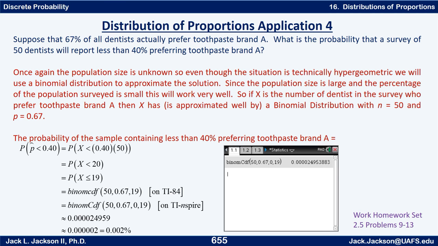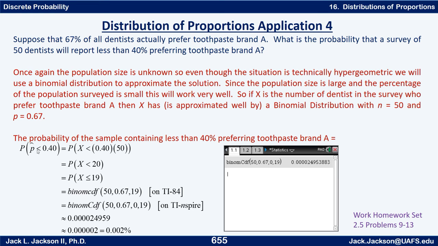So what do we get here? Well, the probability of the sample containing less than 40% preferring toothpaste brand A is the probability that p-hat is less than 0.4. Notice it did say strictly less than. So that's the probability that X is less than 0.4 times the sample size of 50. 40% of 50 is 20.